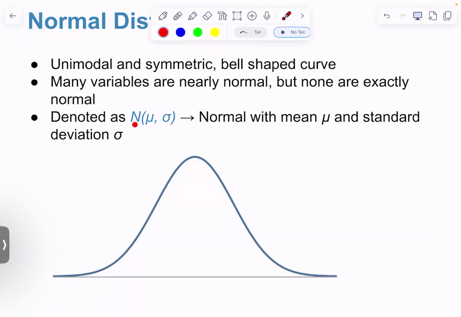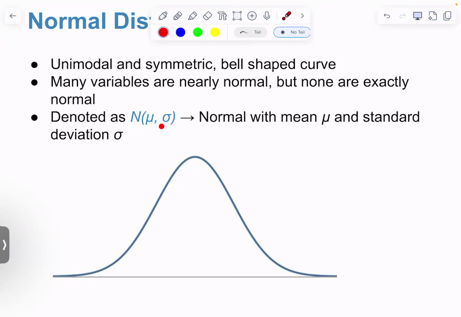In terms of notation, you'll see this notation quite a bit. Okay? And so let's talk about how we read this. This capital N is the normal distribution, right? So something follows a normal distribution, that's the shape. And then in brackets, the center at mu, so that's the center, comma, sigma, which is the spread.